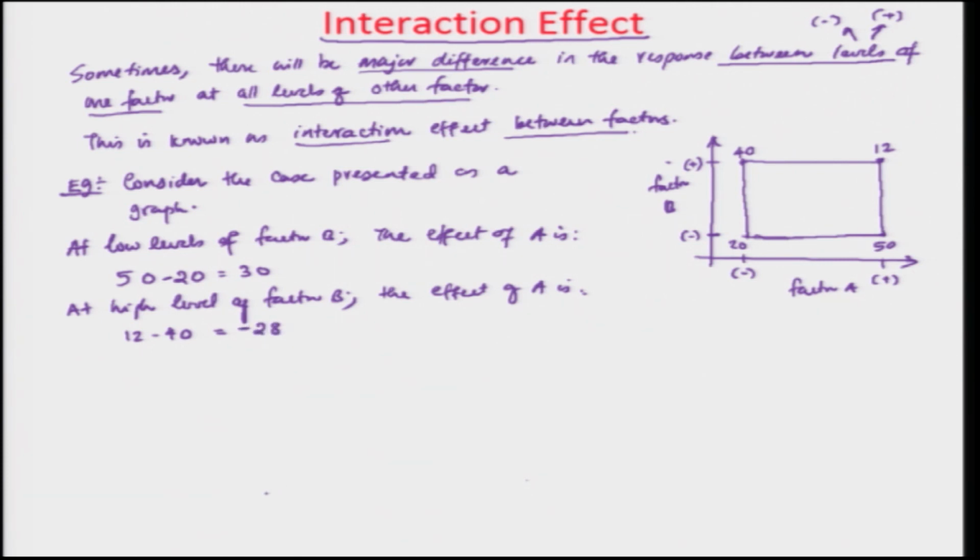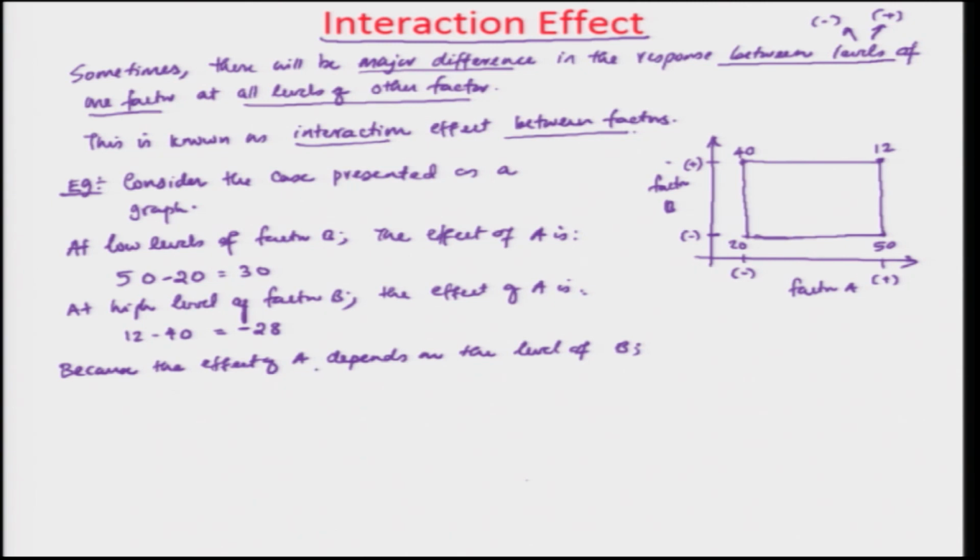Okay. So, then what happens here is, because the effect of A depends on the level of B. In the previous case it was of the same sign, whereas in this case it actually changes direction.